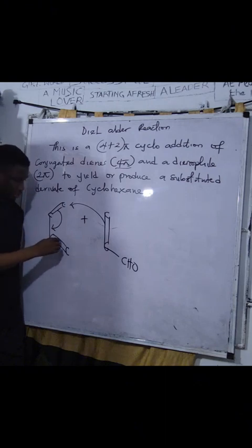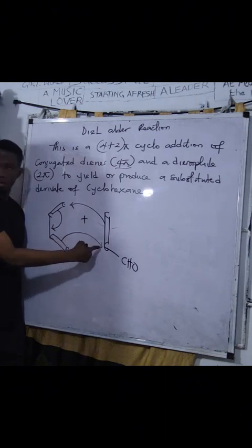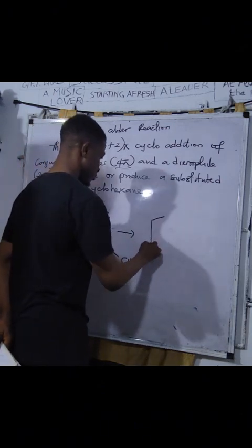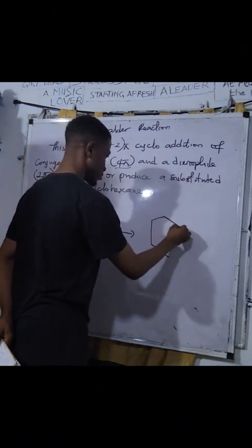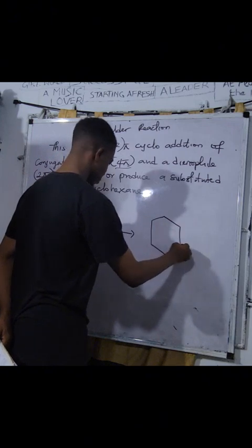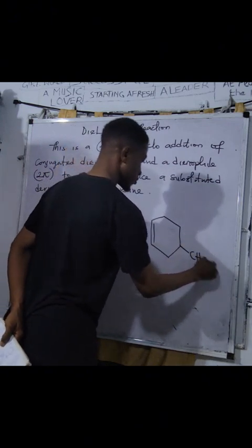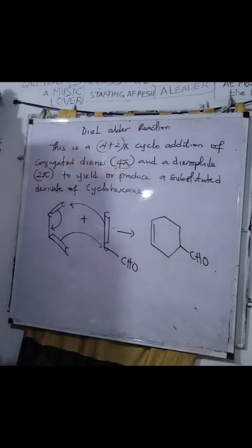So this carbon here has to now push its own down to that guy, causing them to form something like this. Causing them to form that. So that is the whole point of the Diels-Alder reaction.